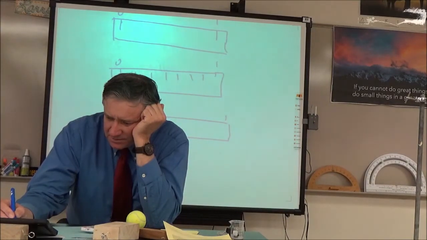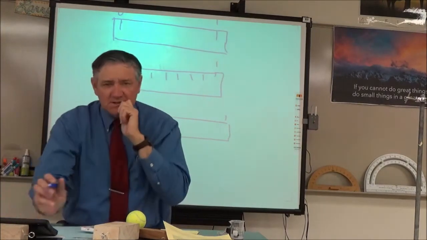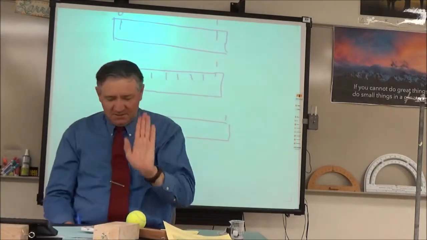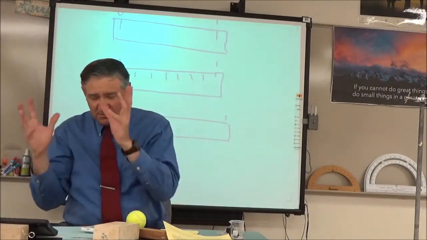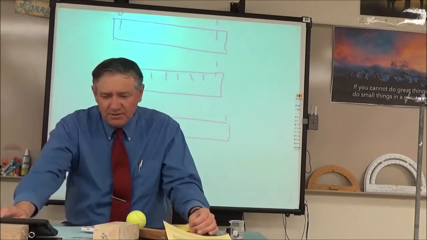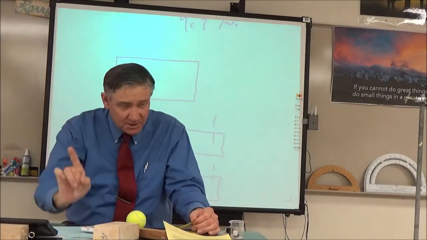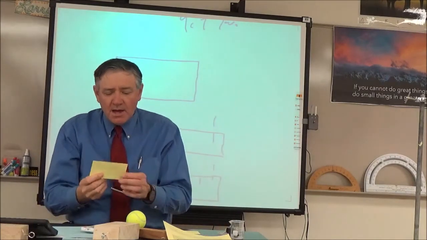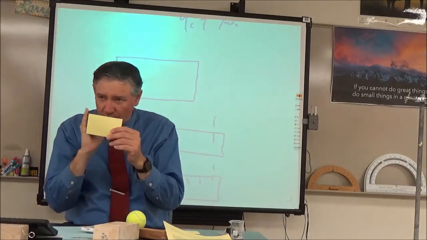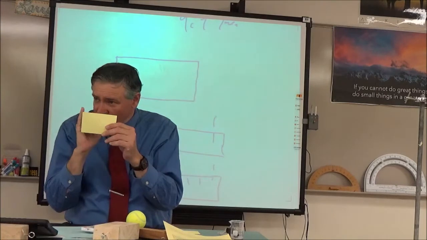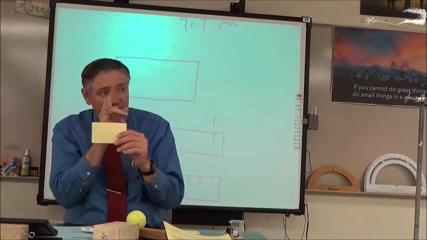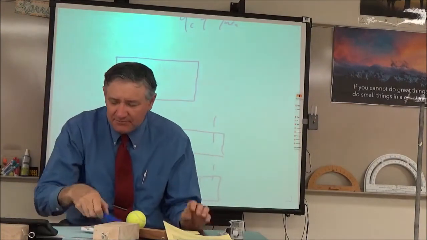Okay, so here's what I want you to do. The best way to figure out this whole concept is to take the widget that you have and measure the width of the index card across like this, using the measuring device that you have.